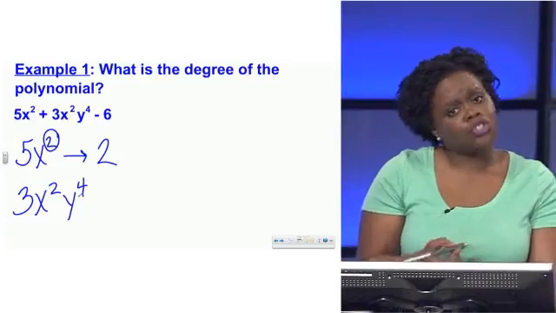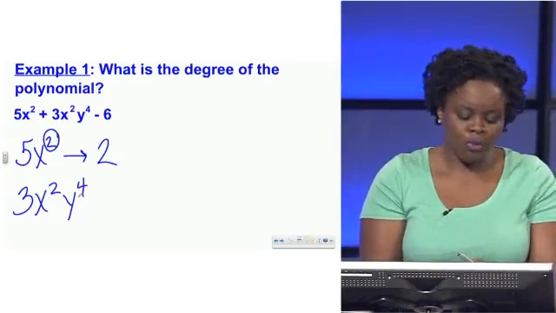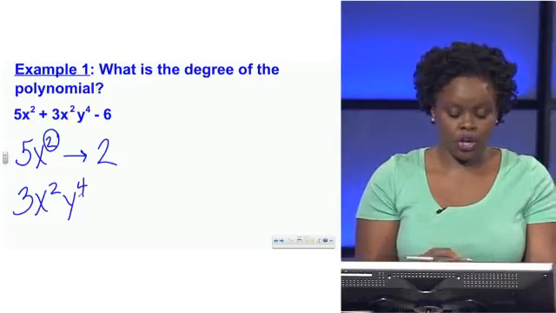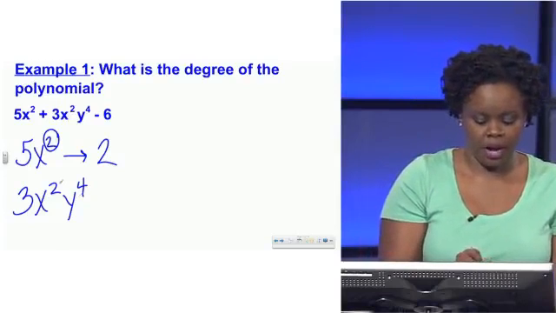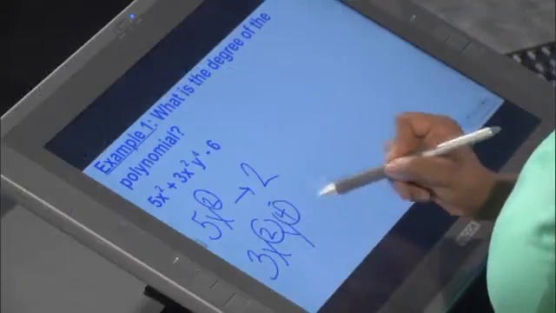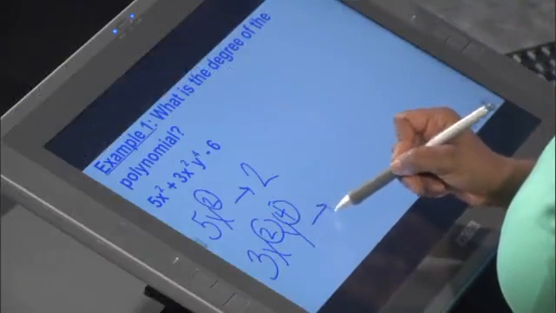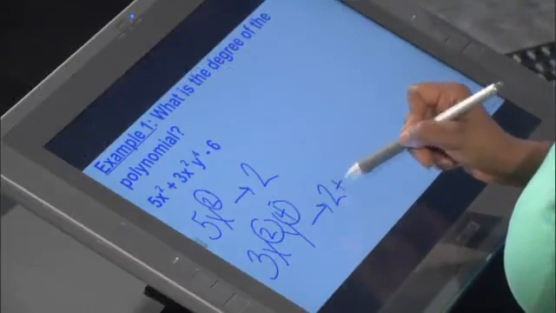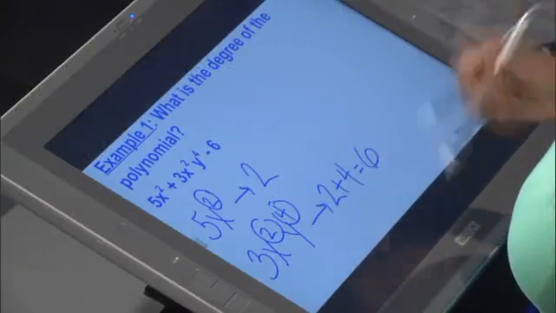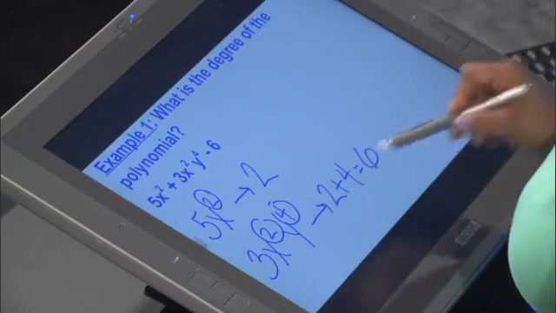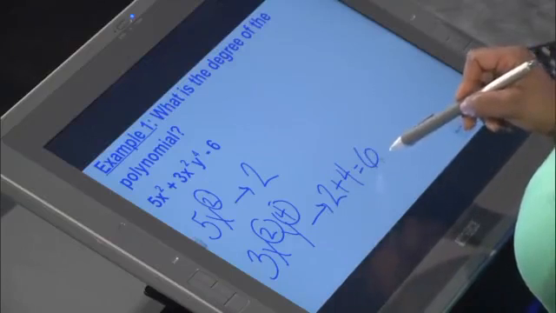In that term, I have two exponents. So what you do when you have more than one exponent in a term is you just add your exponents together. So here I have a 2 and a 4. So I'd say, all right, well, the degree of this term is 2 plus 4, which is 6, right? All righty. So far, it's looking like the largest degree I've got going is 6.